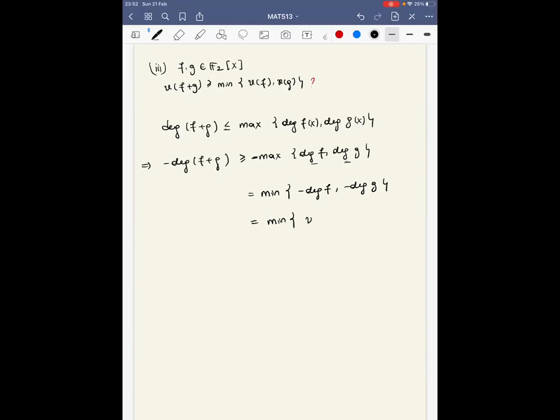And by the definition of valuation f and valuation g, we see that valuation of f plus g is bounded below by the minimum of valuation f and valuation g.